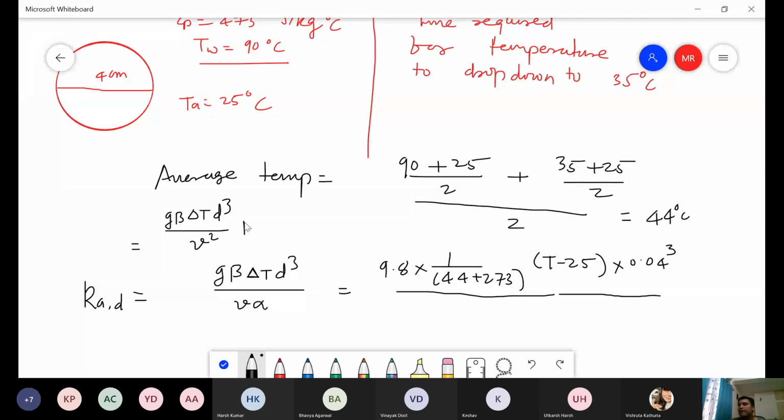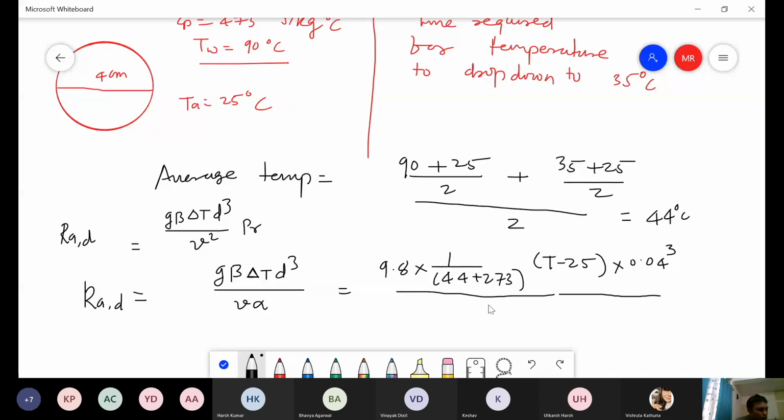Prandtl number is mu Cp by K, and alpha, the thermal diffusivity, is given as mu by rho Cp. So if you rearrange that term, basically what you are going to get is the Rayleigh number in terms of diameter. You can write this equation directly.